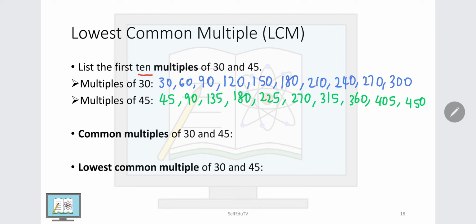So how to get common multiples? Again, you pick the number that appears in both lists. So 90, 180, and 270.